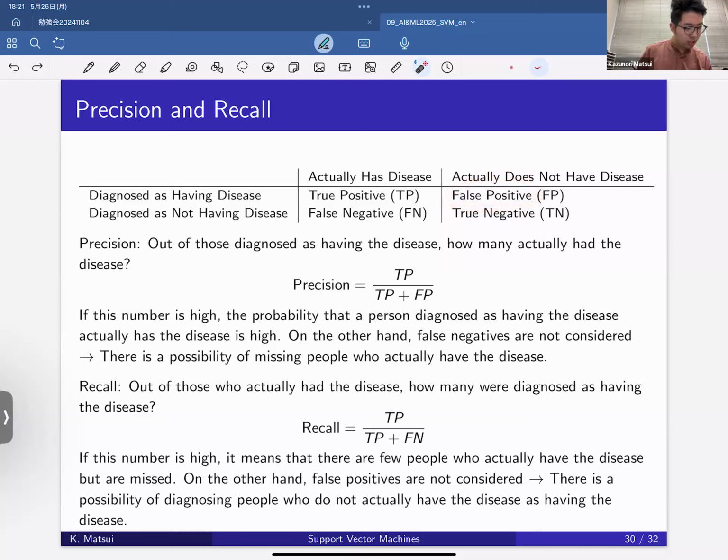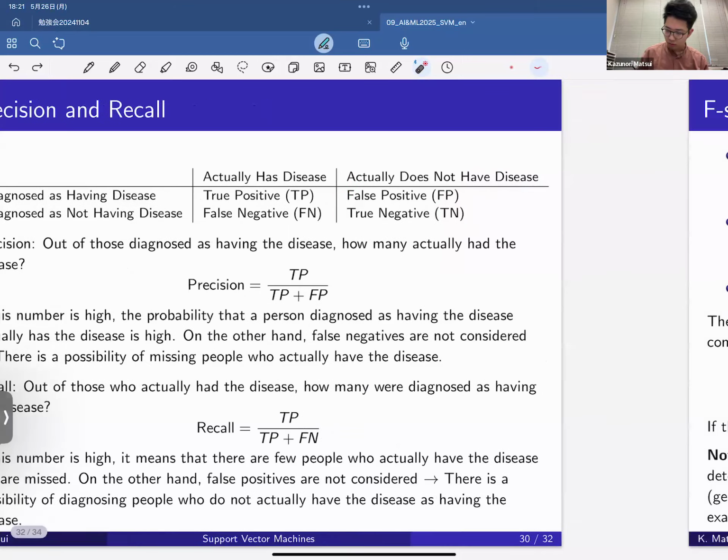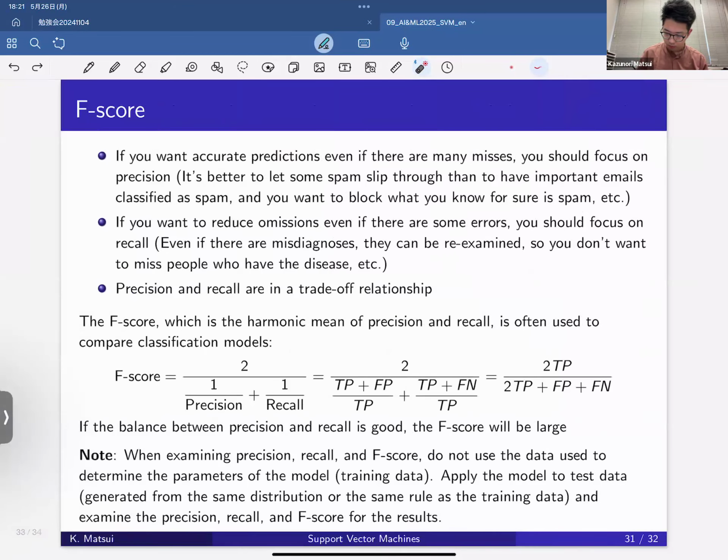So there is generally a trade-off relationship between them. So we want to make both high, but generally that doesn't work well. Moreover, there is a question of whether we need to make both high in the first place.